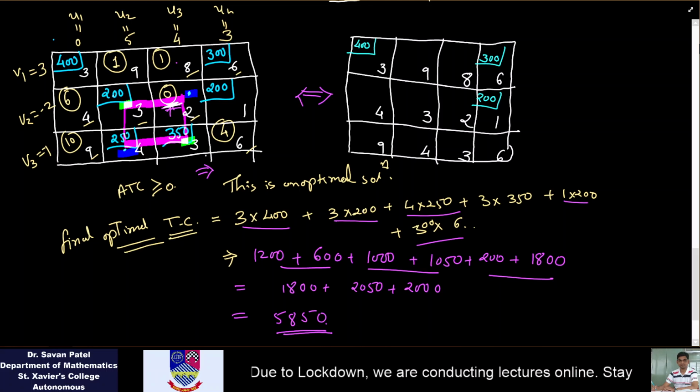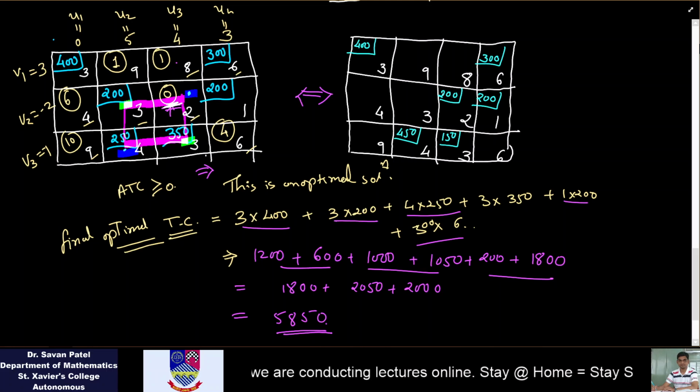Here this 200 is removed and it will be added here. So 200. Here it is 350, so 350 minus 200 is 150. Here it is 250 plus 200, that is 450. Okay.